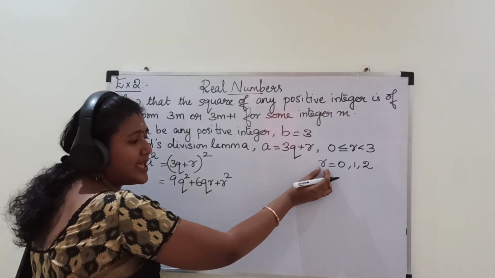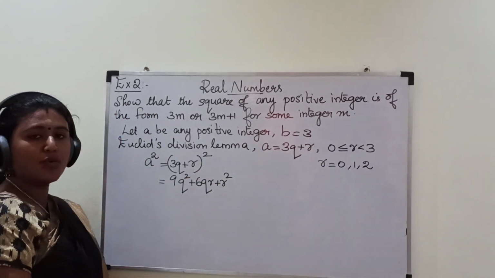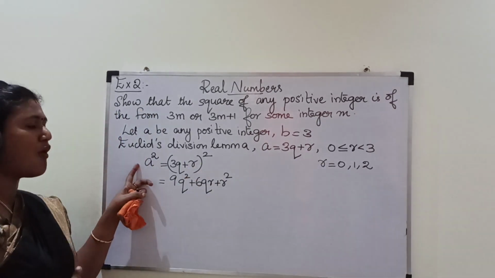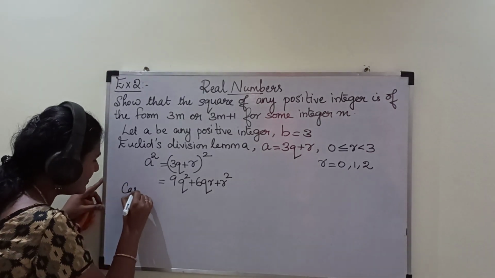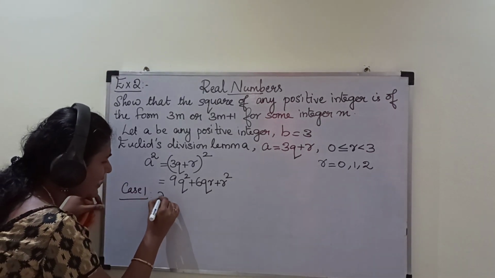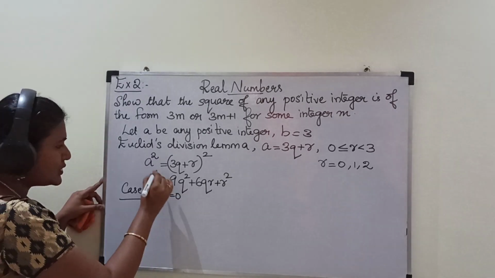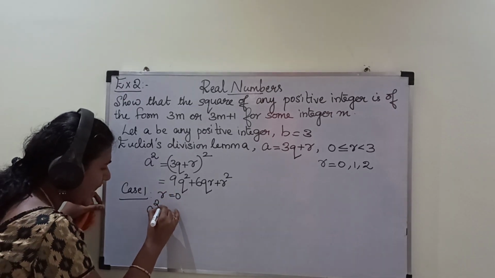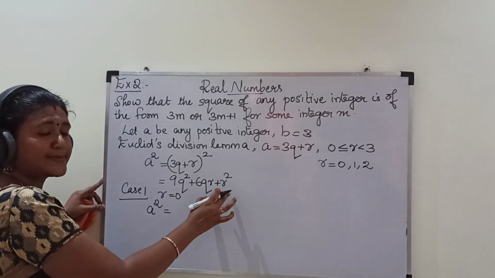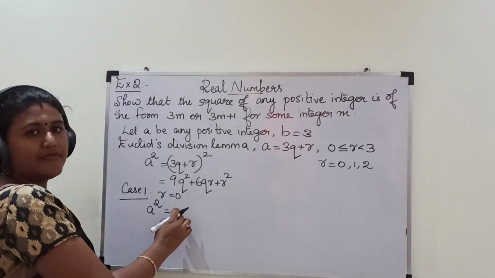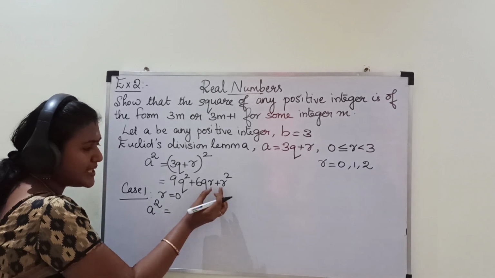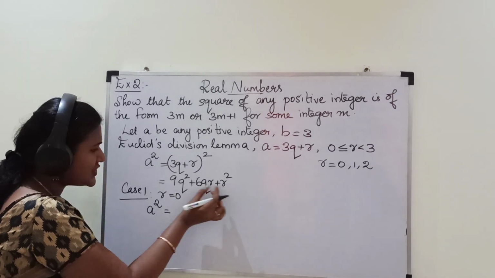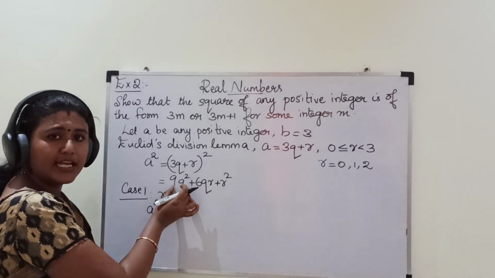Now we will take each case and check the form of a square. Case 1, when r is equal to 0. Here in the expression of a square, we will substitute r equal to 0. So these two terms will vanish and we will get 9q square.